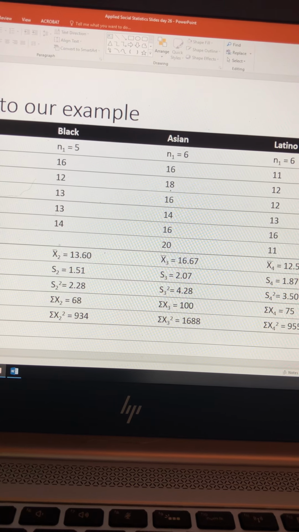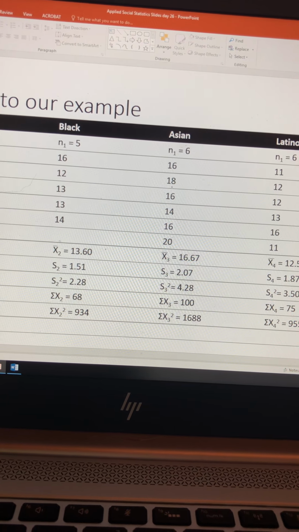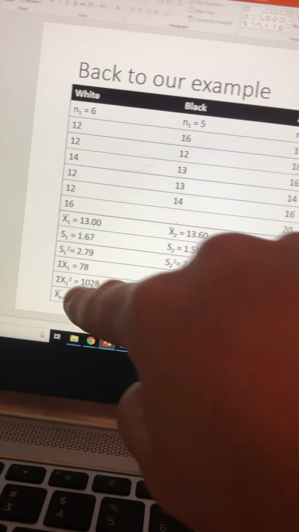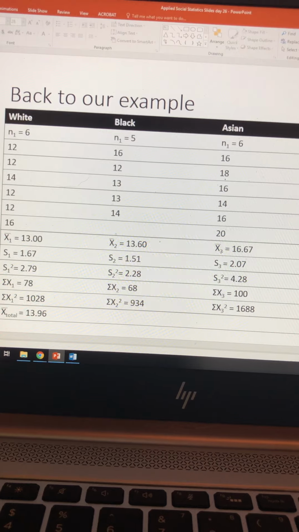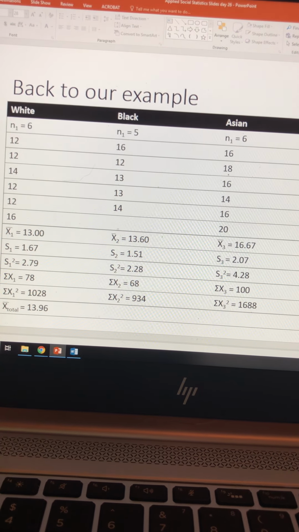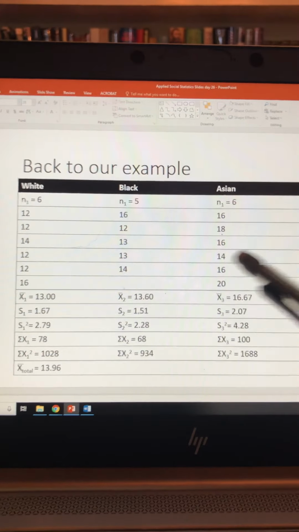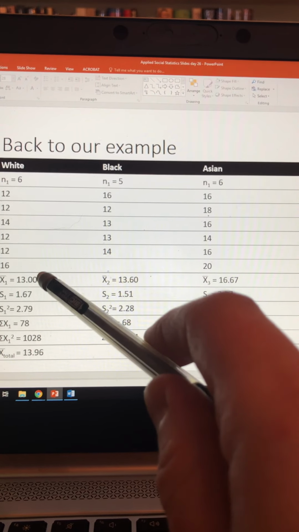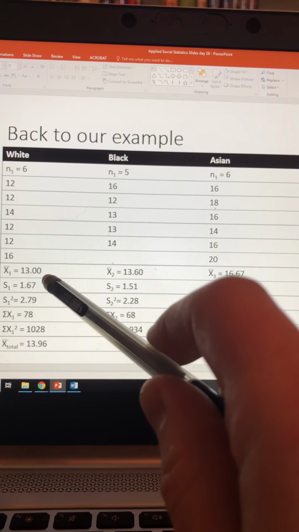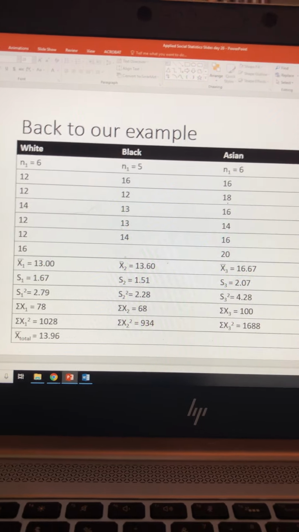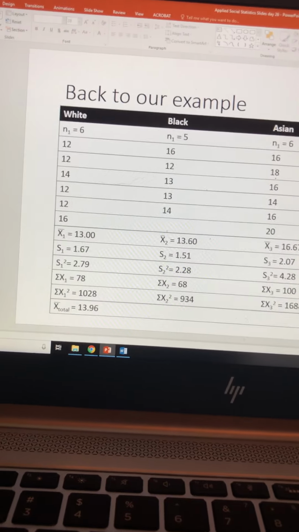Now the sum of all the x squared. Let's think about what that means. So the sum of x1 squared. Where did that number come from? Let me flip over to my calculator real quick.